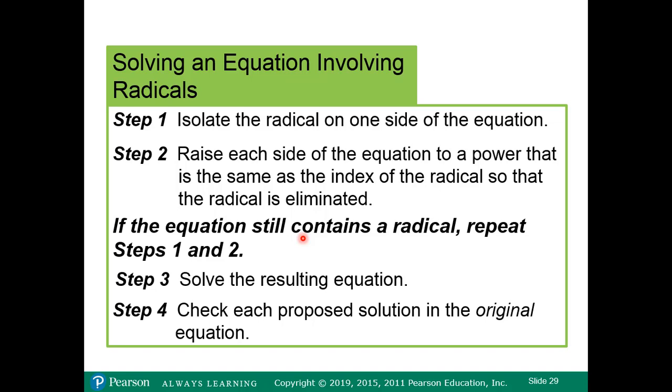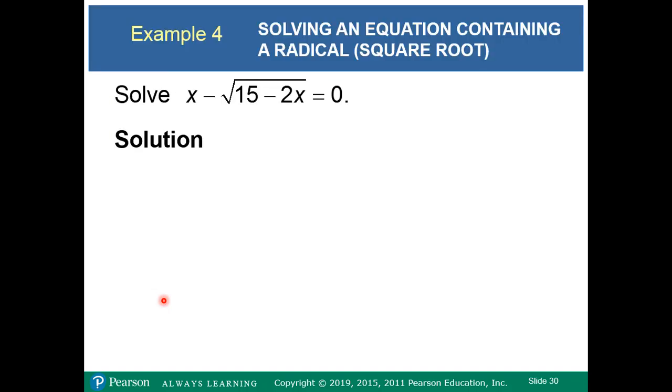Three, if the equation still contains a radical after step 2, then repeat steps 1 and 2 until you have no more radicals. Then solve the resulting equation, and check each proposed solution in the original equation. Remember, not all of the solutions will work in some cases.